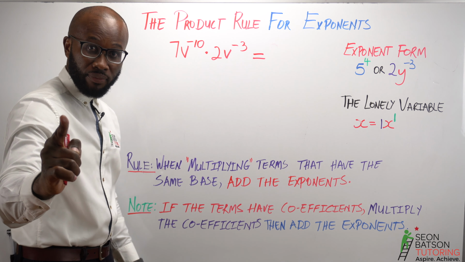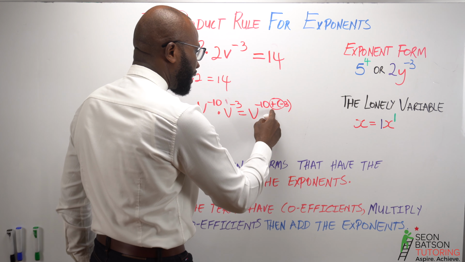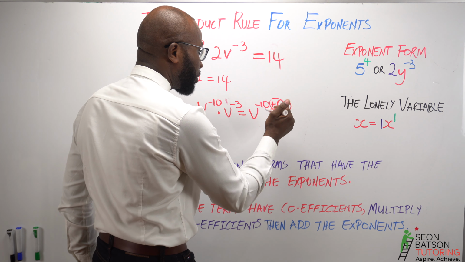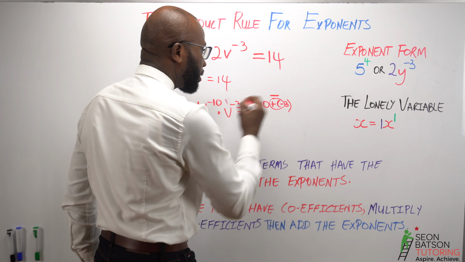We have to add the exponents when we are multiplying terms that have the same base. Again, when adding and subtracting integers, whenever two signs are next to each other, we can combine them. If we combine a positive sign and a negative sign, we will get a negative sign. So we will get v to the negative 10 minus 3, because these two signs became a negative sign.